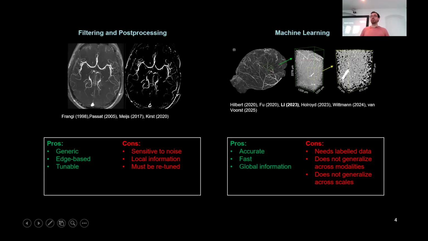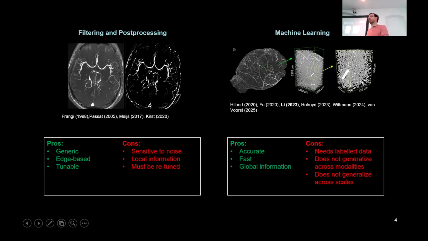The issue is it's quite sensitive to noise. So if your data is noisy, it just doesn't work. And there's no off-the-shelf version that just works on anything. So you need to retune your parameters to each new modality and each new imaging scale. And it looks at quite local patches, so it's a really local thing.